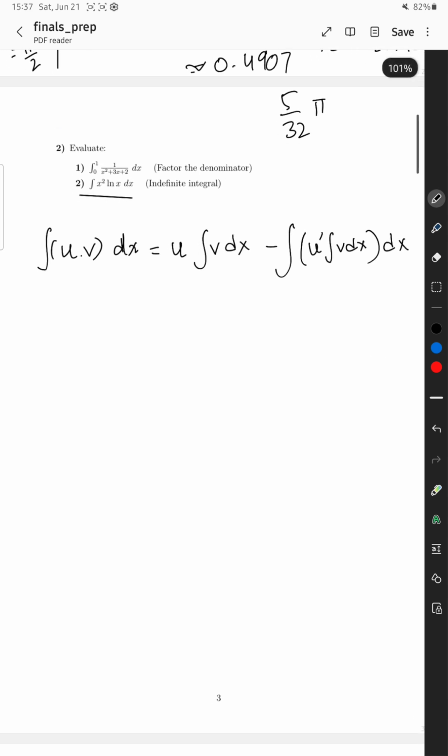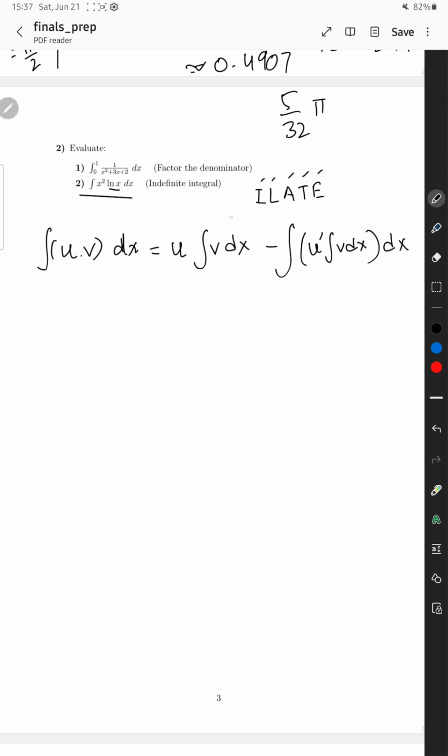Let's see. So let's assume natural log of x is the first function. There's a general rule of thumb. It's something like this: inverse, logarithmic, algebraic, trigonometric, and exponential. Exponential is always last. So the sequence of u and v, which function has to be u and which has to be v, there's a lot of nuances to that, but this is a general good rule you can use.